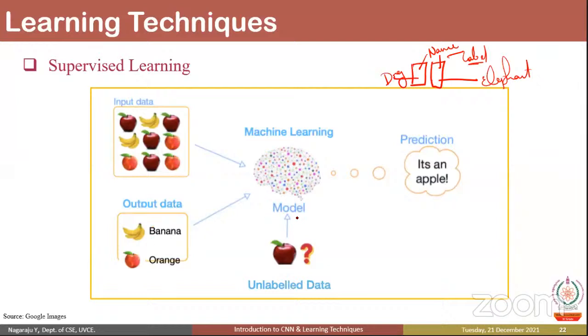Finally, after training ends, it is going to predict unlabeled data. We use this for classification, and in object detection we use it for feature extraction.